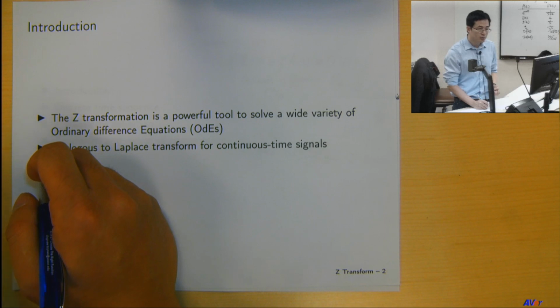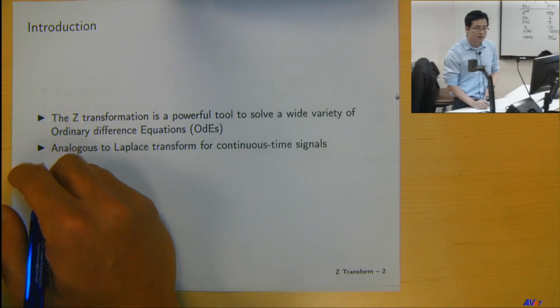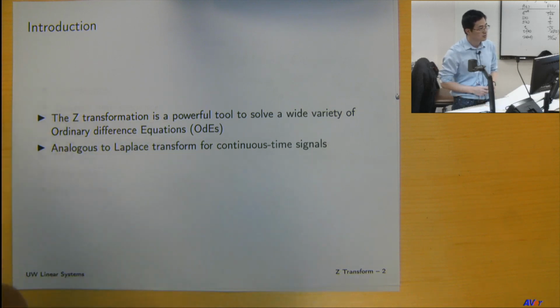The main tool there was the Laplace transform, and we talked about the pioneers who contributed significantly to it. These are in the early days, right? It's in the 17th century. Now, the Z transform is one of the techniques that happened in the last century.